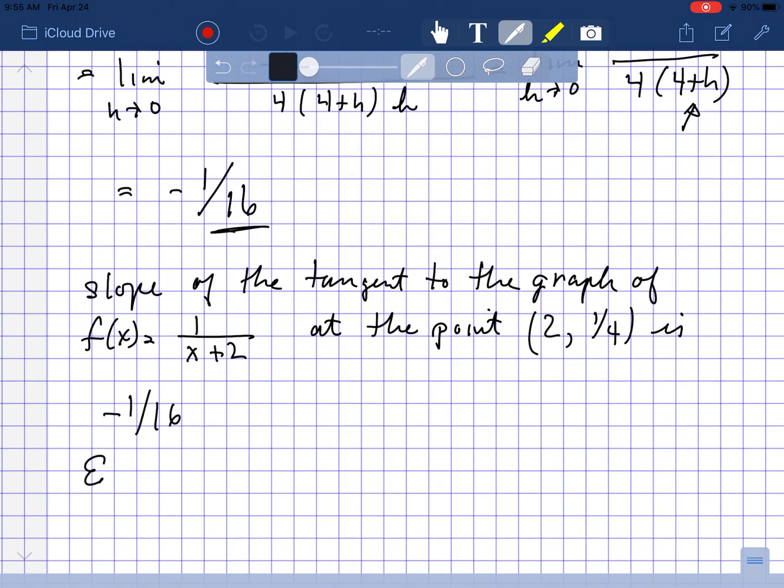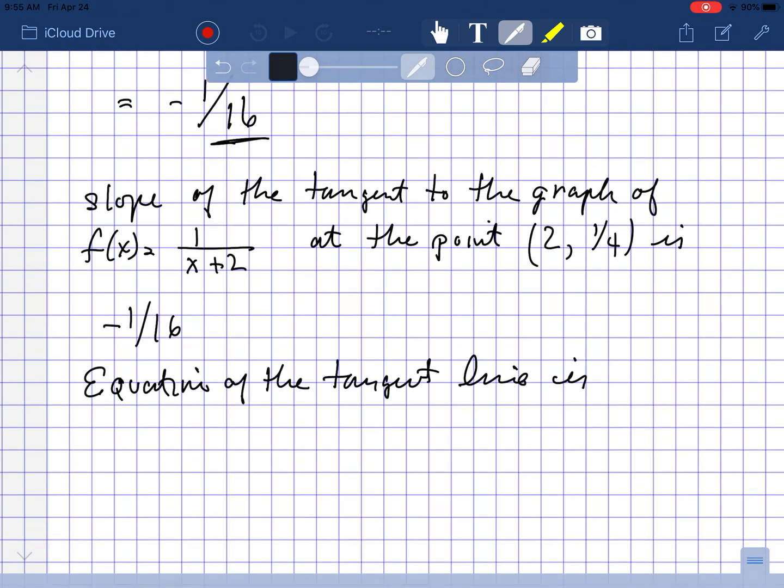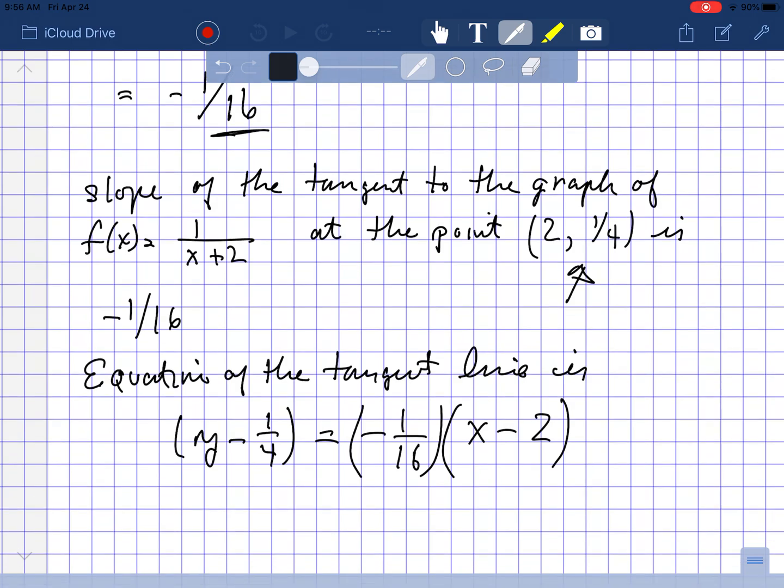And so this tells me the equation of the tangent line is, well, it's going to be y minus the y coordinate of the point that we know is on the tangent line, the point P, so this is 1 over 4, and that's equal to the slope of our tangent line, minus 1 over 16, times x minus the x coordinate of the point P, which we know is a point on the tangent line. And there we have it.